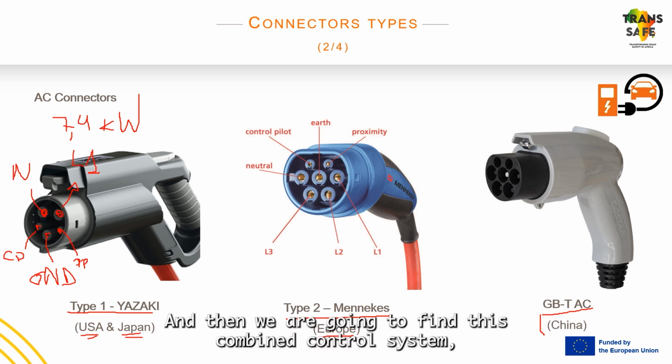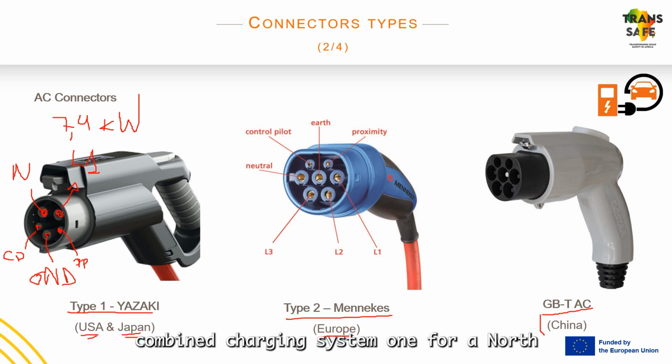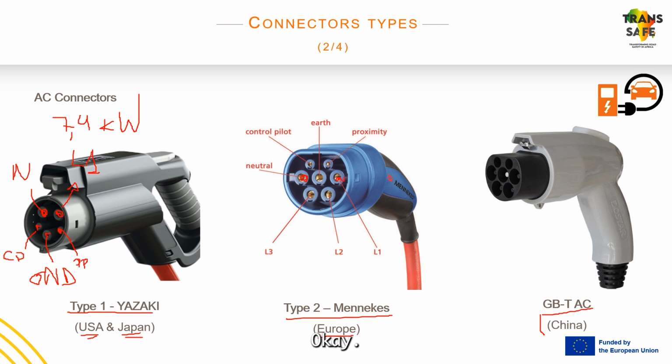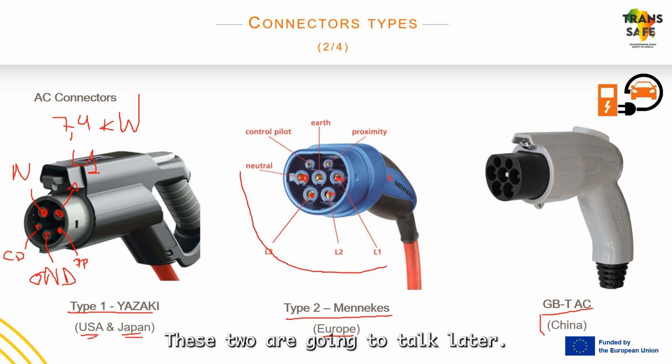And then we are going to find Combined Charging System 1 for the North American market and CCS2 for the European market. These two we are going to talk about later.